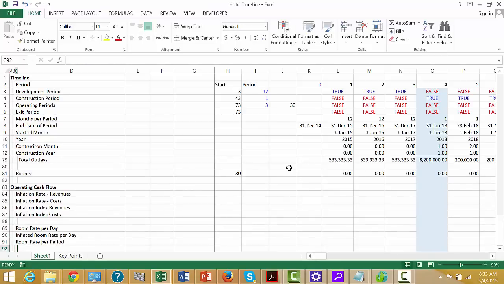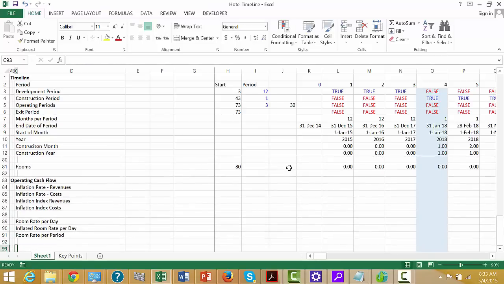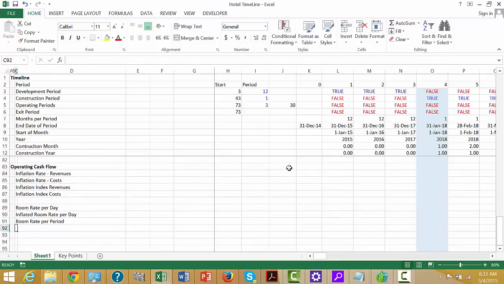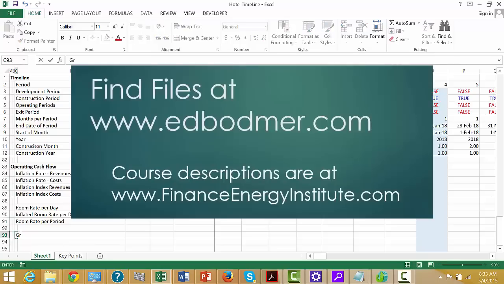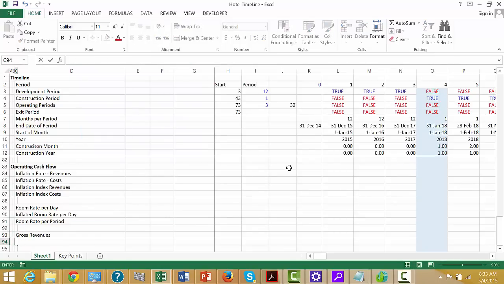And what we'll do is we'll have to find out how many days we have in the periods. And finally, we'll put the gross revenues, and then we can put utilization.